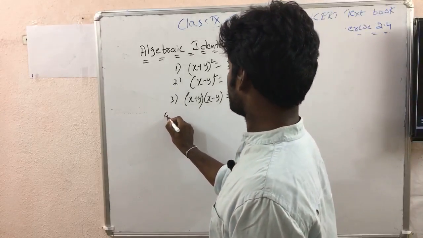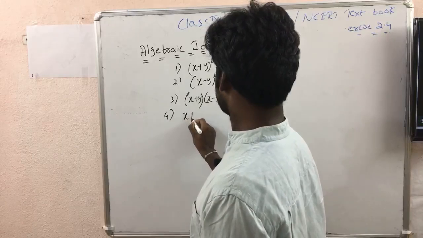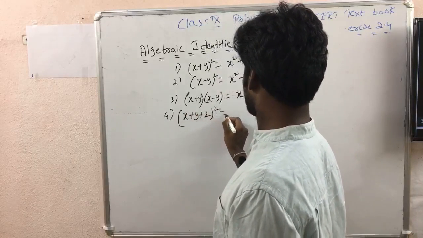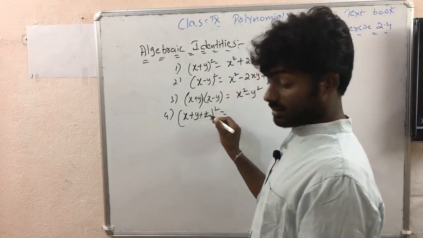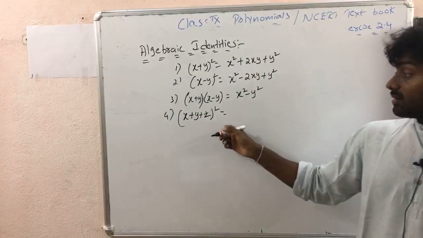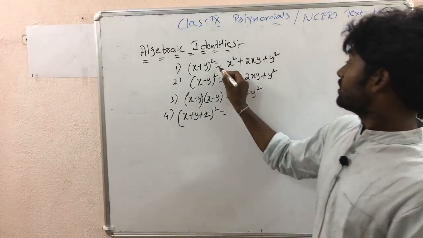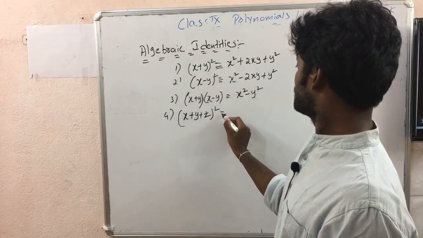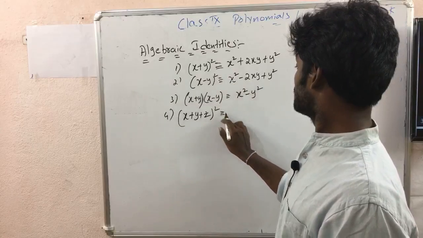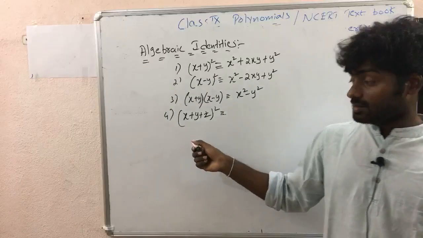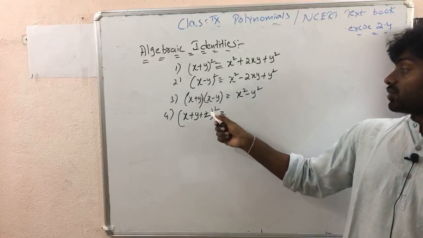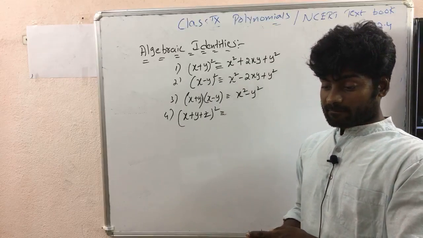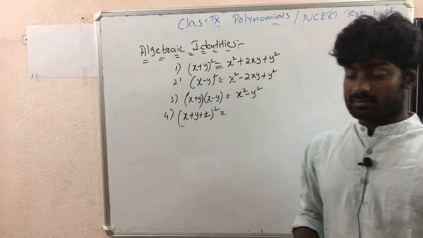After this we have x plus y plus z whole square. Can anyone state this? Let me answer.